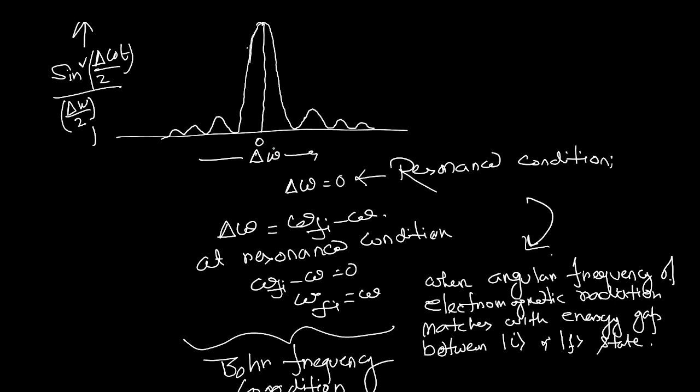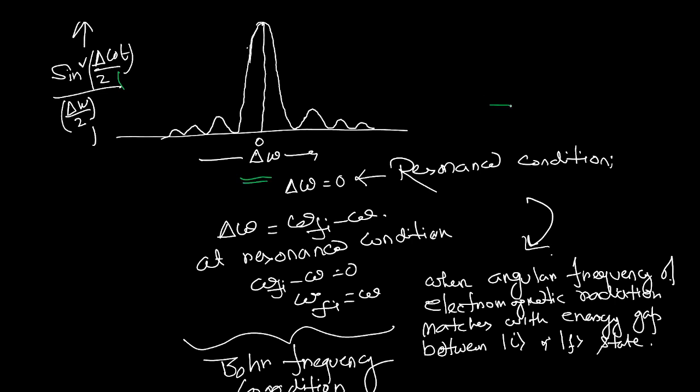That is not zero time. I am not talking about time, time is something else. I am talking about the delta omega. Okay, so this plot is with respect to delta omega.